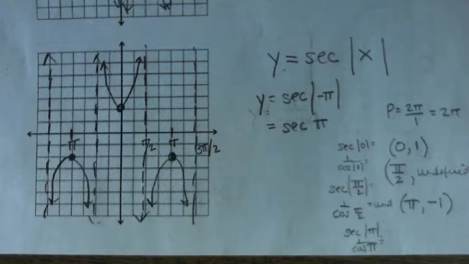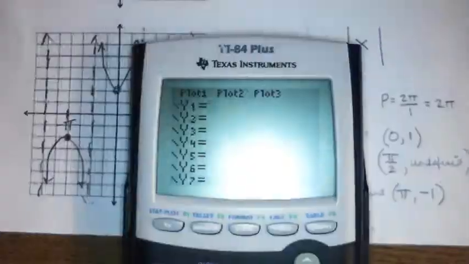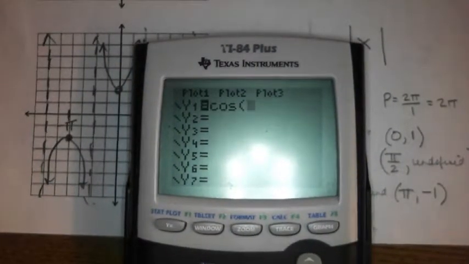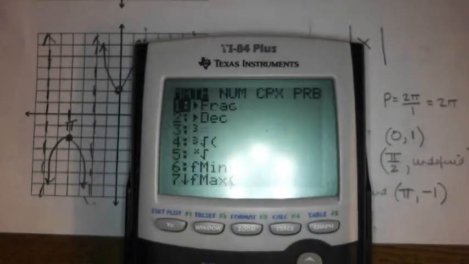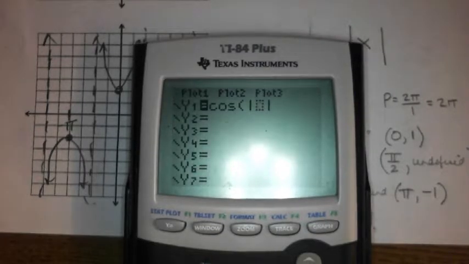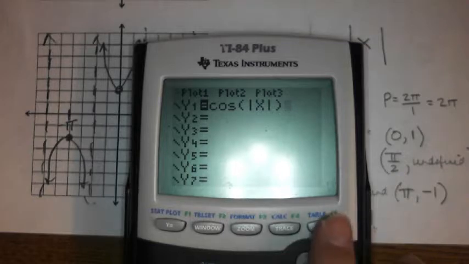Well, what I'm saying is, does the graph of the cosine of absolute value of x work as a guide? That's what I'm curious of. So I'll cheat and use the calculator for a minute. If I were to graph the cosine of the absolute value of x and use this as my guide.